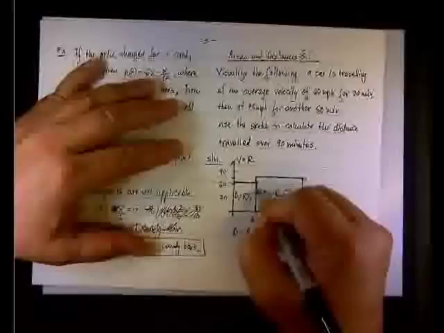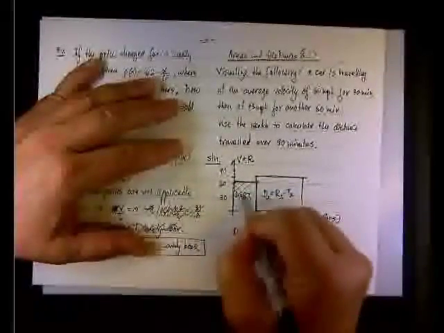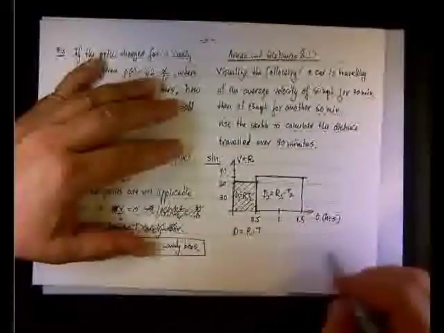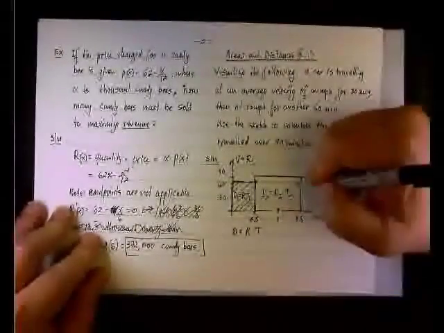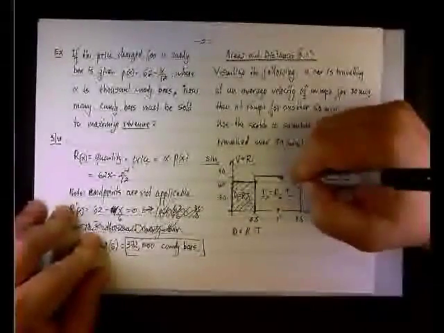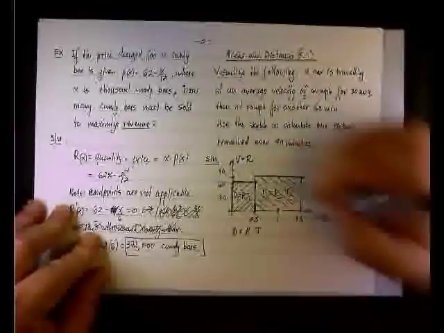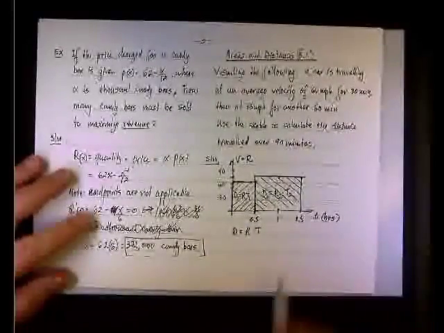R1 is the vertical value of this rectangle. So this area represents the first distance, and the area of the second represents the distance traveled over the next 60 minutes.